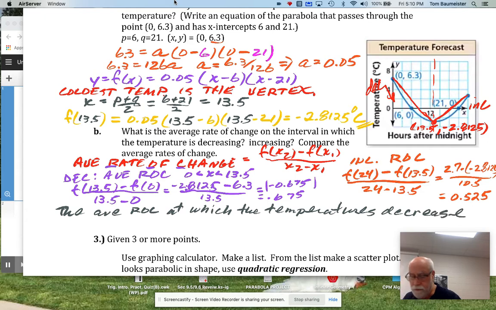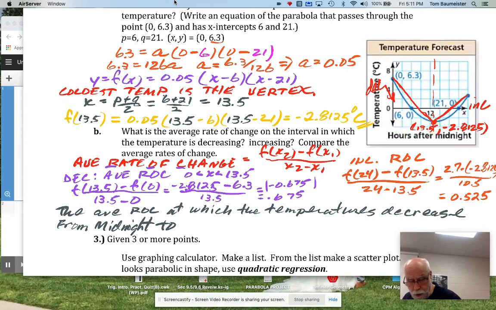And again, that would be from midnight to, well, take midnight and add 13.5. Well, 12 hours would be 12 p.m., and I went 1.5 more from that, because I have 13.5 there.